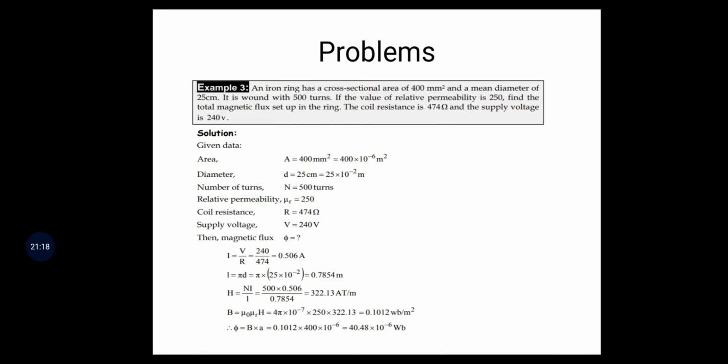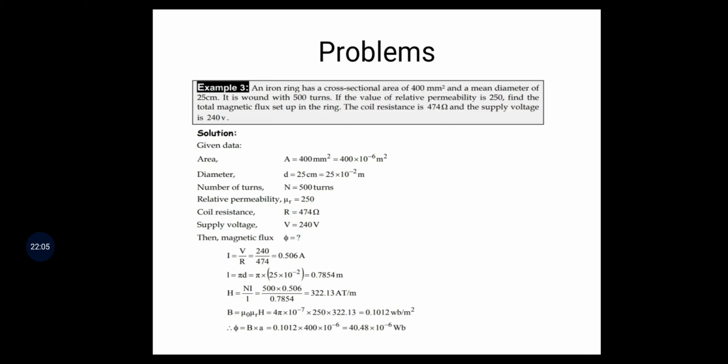Next problem. An iron ring has a cross-sectional area of 400 millimeter square and a mean diameter of 25 centimeters. It is wound with 500 turns.